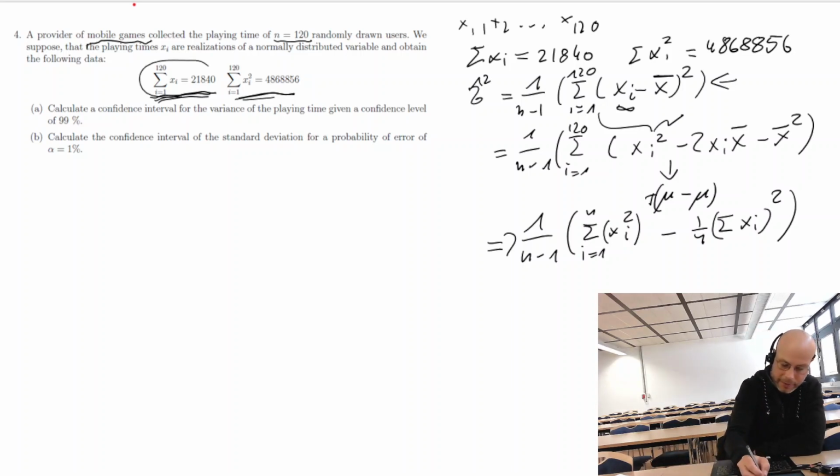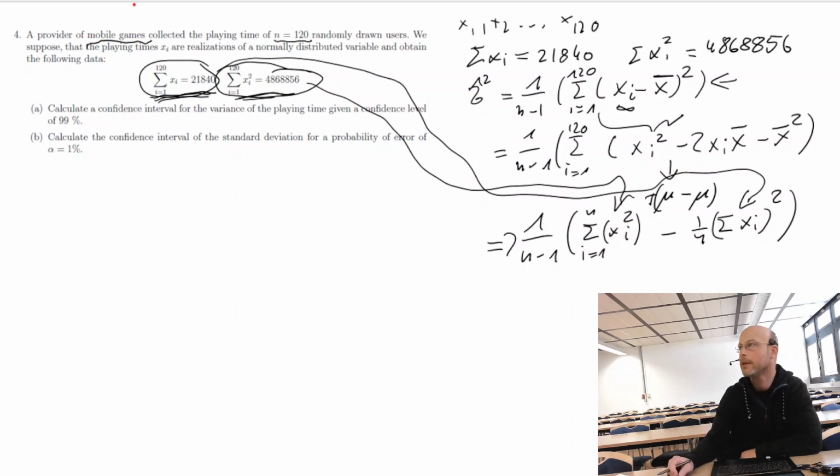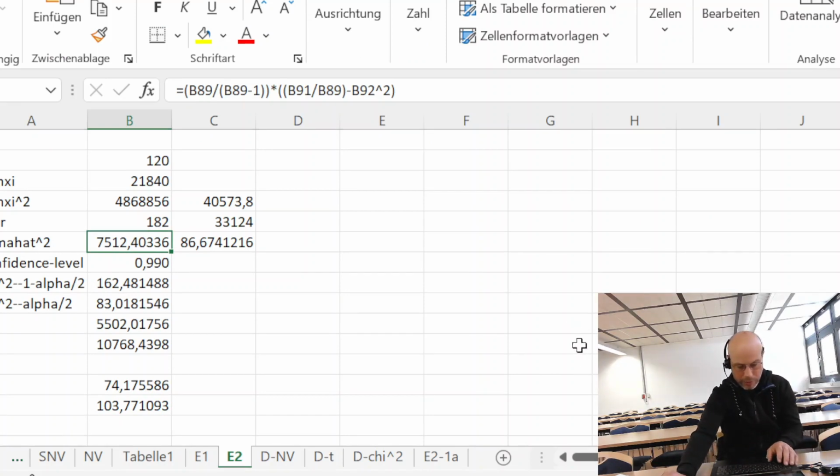Since I have the sum of xi, I can put this in here, and I have the sum of xi squared, this I can put in here. If I put these numbers in this formula, then I get 7512 more or less.